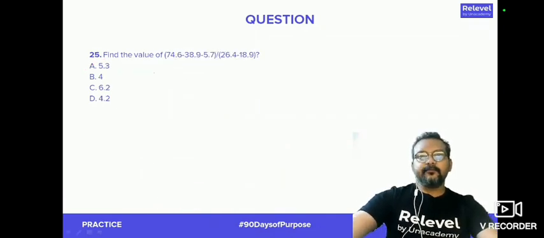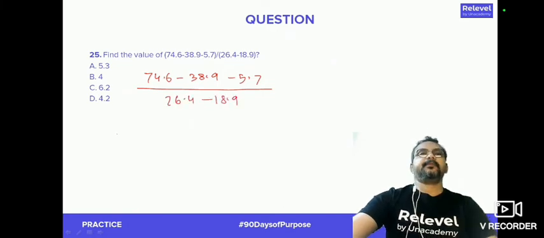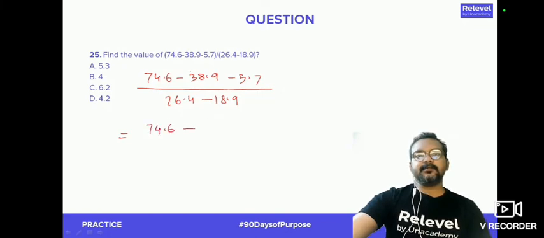25. We have 74.6 minus 38.9 minus 5.7, the whole thing divided by 26.4 minus 18.9. That's on top. 74.6 minus, if I take common, they will get added. So 38.9 plus 5.7.